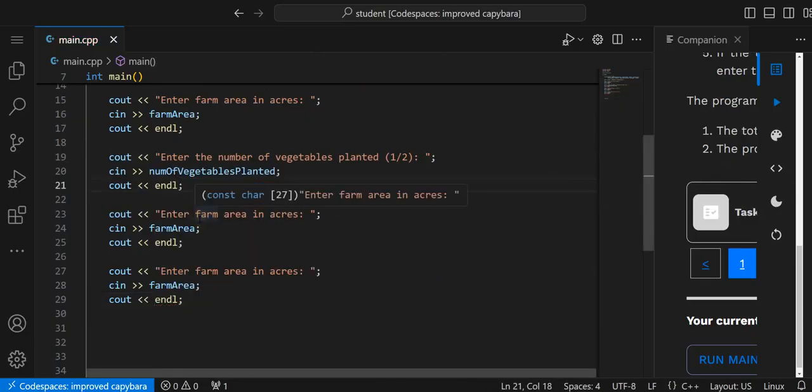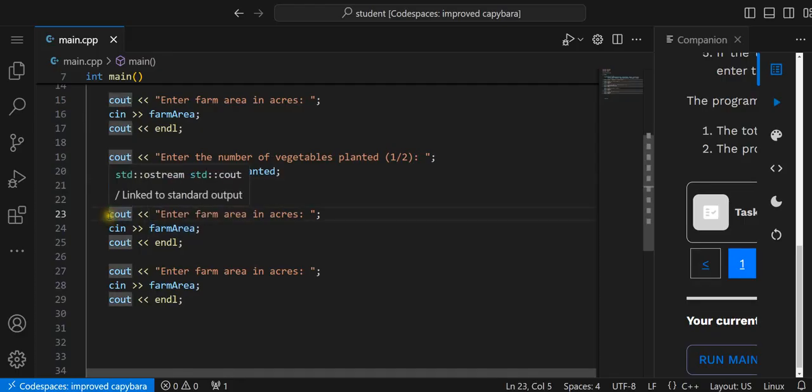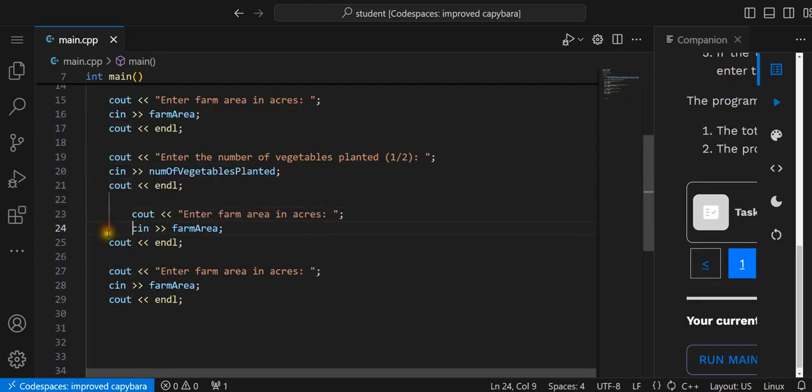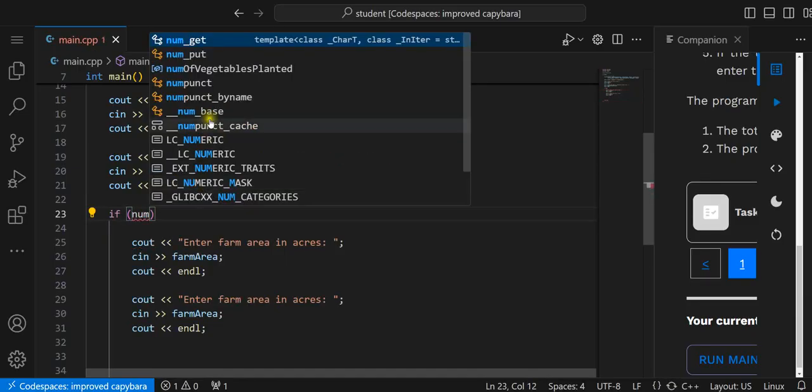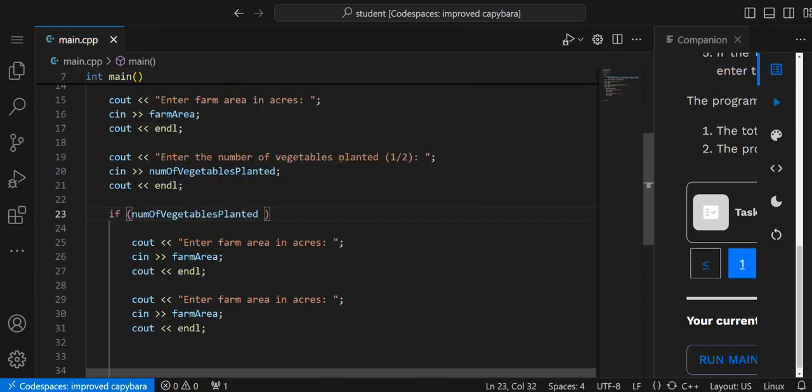Next one's going to be, we're going to do an if. Okay, let's do this. So it's if num of vegetables planted equals 1. So if they only planted 1 vegetable, let's get down and do our brackets.